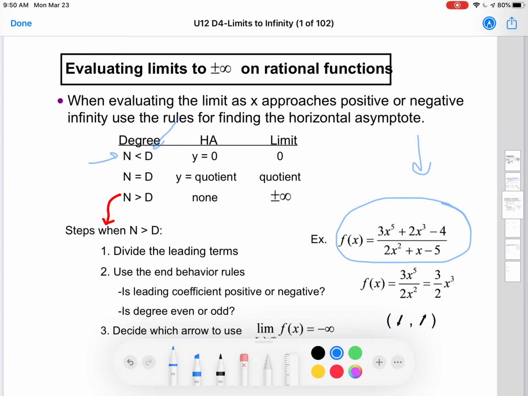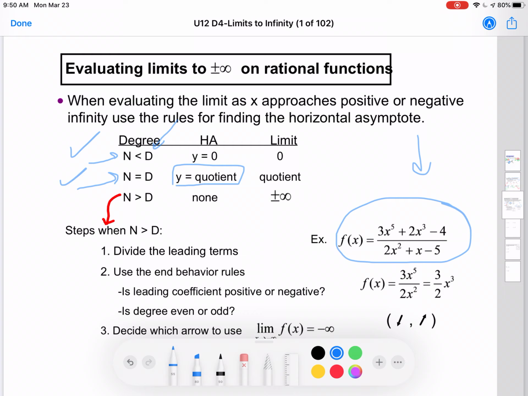If n is less than d, then the horizontal asymptote is y equals 0, and therefore the limit would be 0, because all the way out at the ends, remember, it's being magnetized towards that horizontal asymptote. If n equals d, remember the horizontal asymptote is the quotient of the lead coefficients. So therefore the limit would be the quotient of the lead coefficients. So these two scenarios are straightforward.